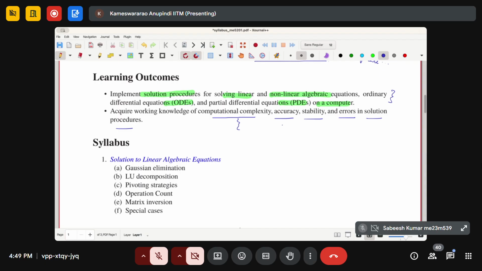You also will be able to comment on, is the method going to be accurate, is it going to be stable, what kind of errors are there in the solution that you are obtaining. So all these things you'll be able to comment on in the solution of linear equations, systems of nonlinear equations, and nonlinear equations themselves, ODEs and PDEs. Okay, so those are the broad learning outcomes.